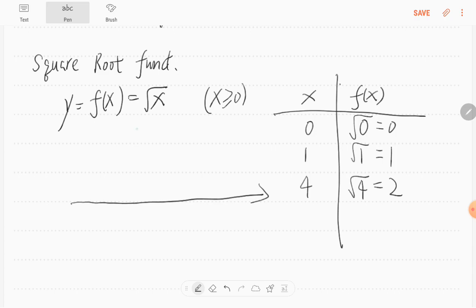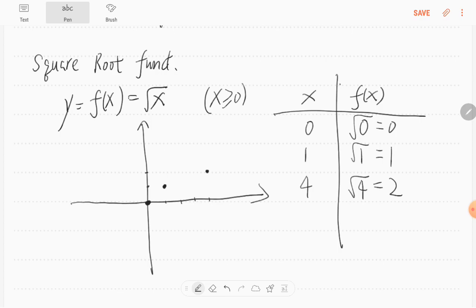So now let's look at the graph. When x equals 0, it's equal to 0. When x equals 1, f of x is 1, so it's here. When x equals 4, the square root of 4 equals 2. So 2, right?